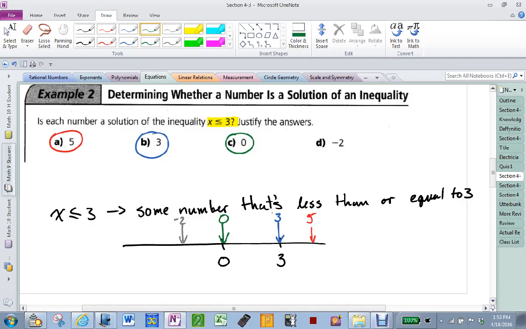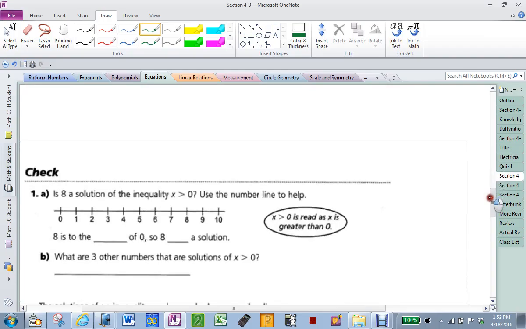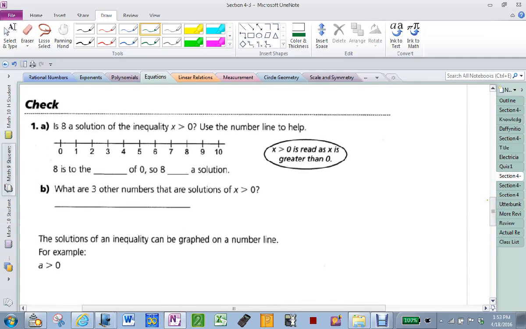No. Okay. So here we go. Is 8 a solution of this? What is that in English? You don't have to say it, because I wrote it right here. That says x is greater than 0. So what do I find with 8?